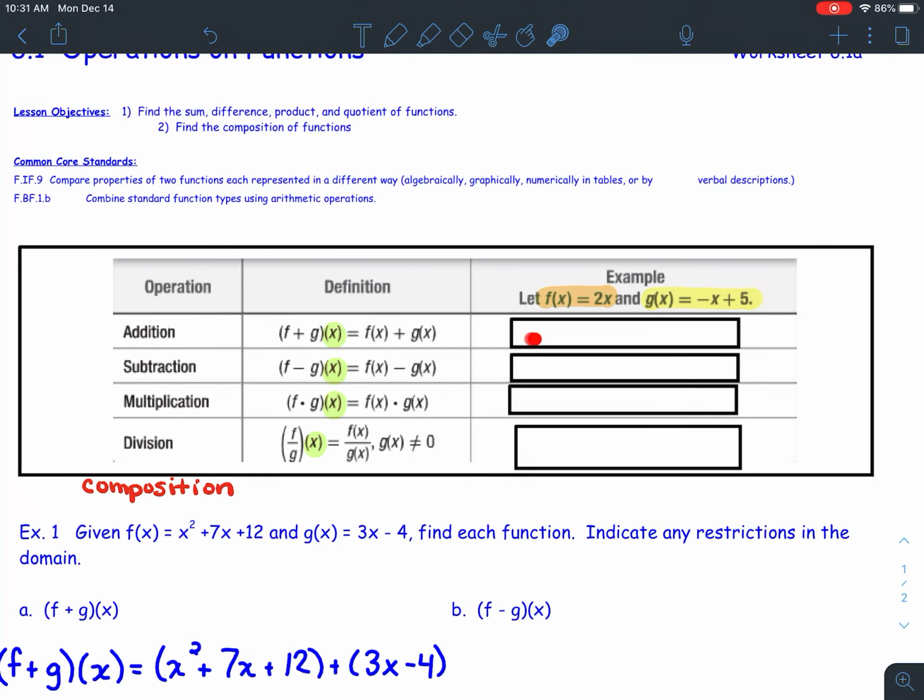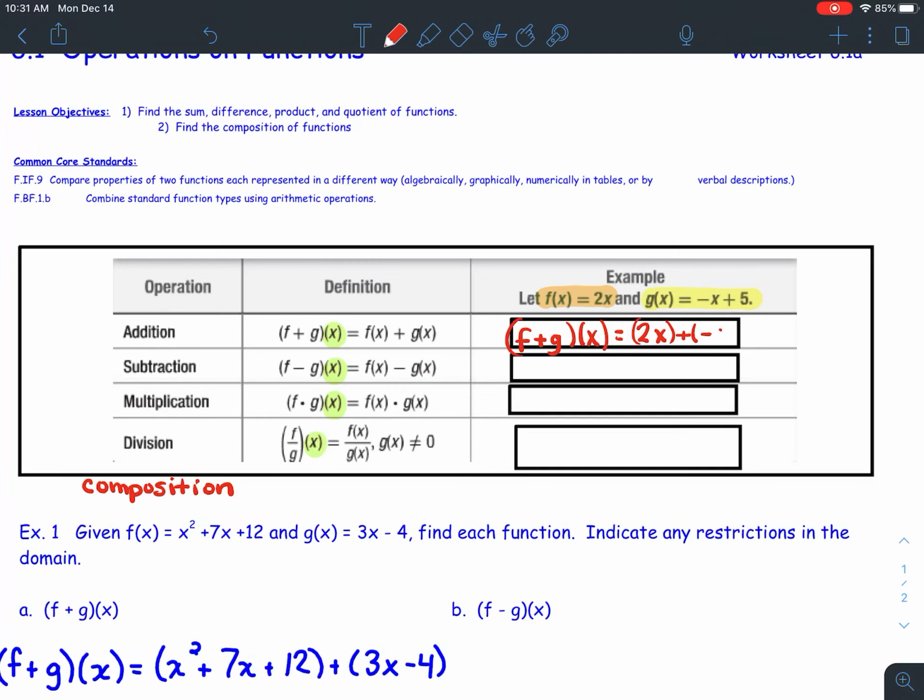Okay, so if we were going to do that on just these four examples right here, and we're going to use f of x to be 2x and g of x to be negative x plus 5, it would look something like this. Okay, we're going to say that f plus g, and then we're going to put a little x here, which just means that those functions are comprised of x's, and you're simply just going to add the two functions together.